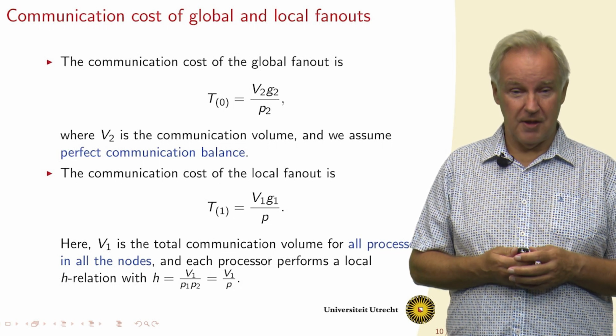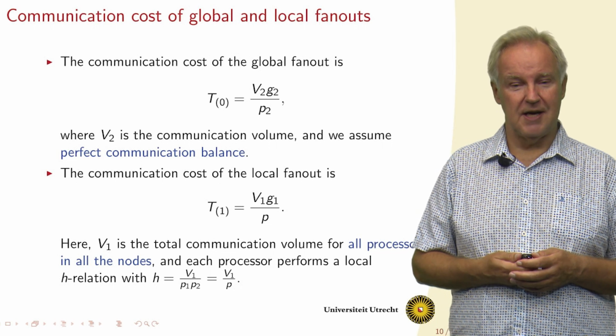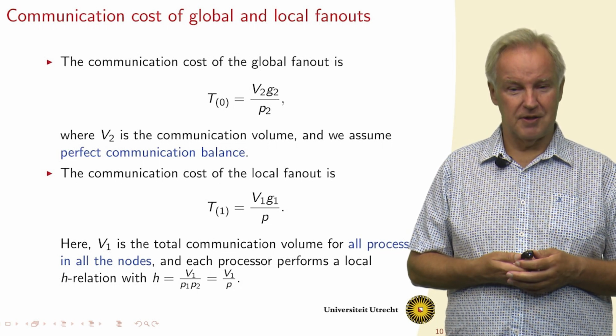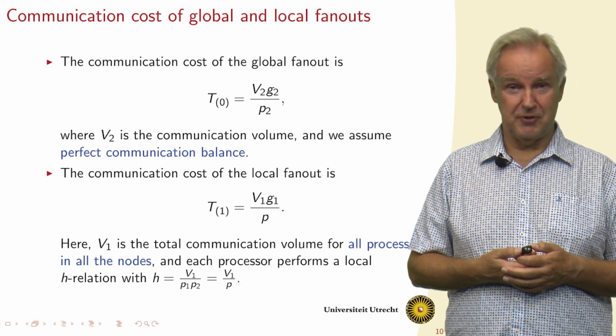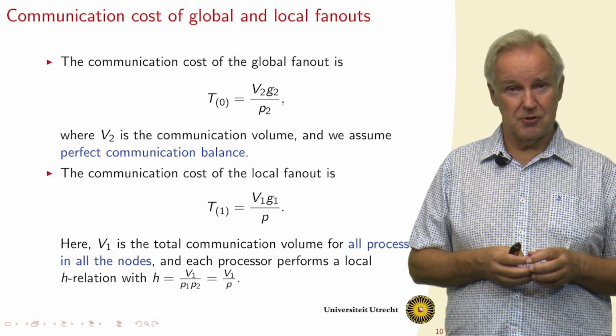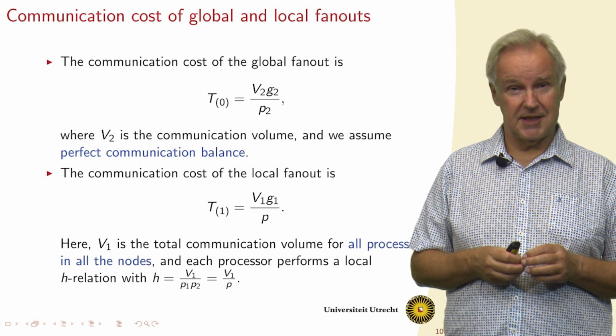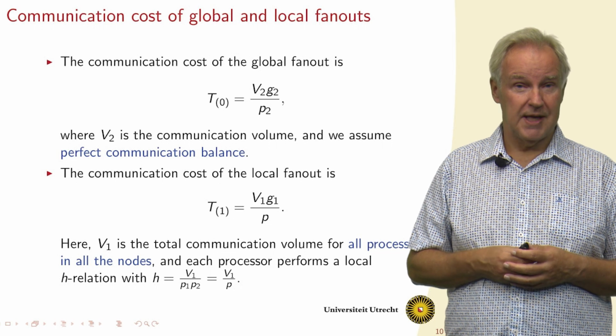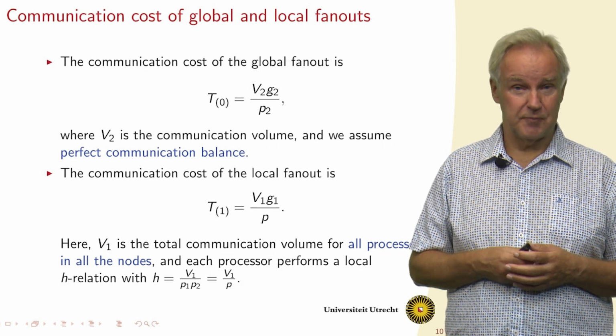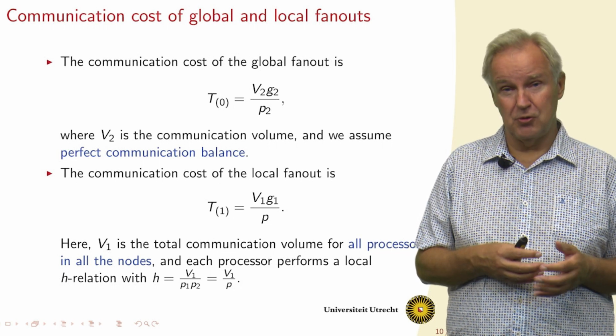So on the other hand, for the local fanout, which is superstep 1, we have the total volume V1, which is the total number of data words that are being sent from any core to any other, and they are within the node.